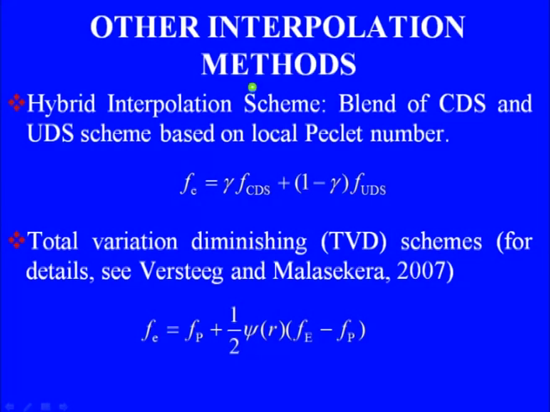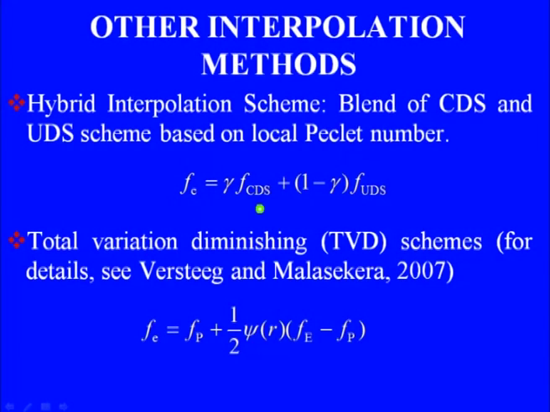Now, let us have a very brief look at a few other interpolation methods. The first one is what we call the hybrid interpolation scheme, which is a blend of CDS and UDS based on the local Peclet number, that is Fe is gamma times FCDS plus 1 minus gamma times FUDS, where this gamma would depend on the local Peclet number.